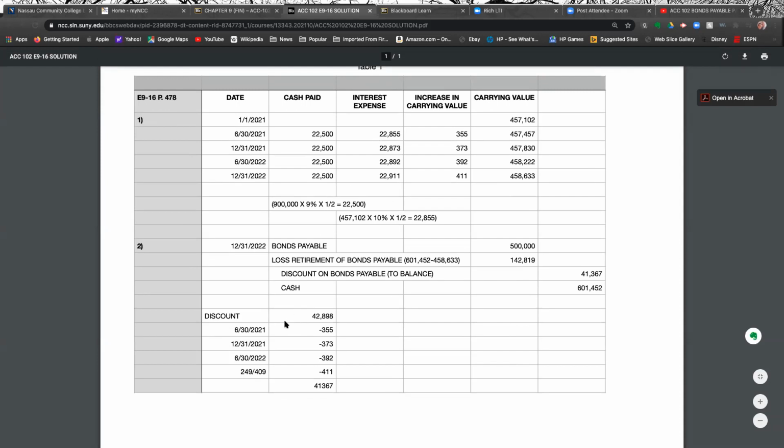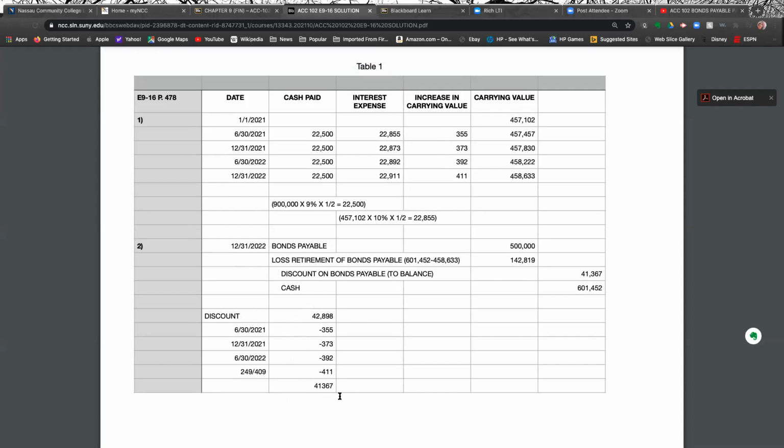so that discount on bonds payable account started out at 42,898, and every 6 months it got reduced, right? And that's where these numbers came from. So what's the balance on December 31st, 2022? It's 41,367. Now, if I pay off the bonds, then I don't have the discount anymore.